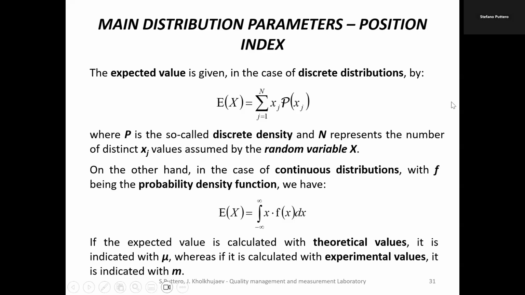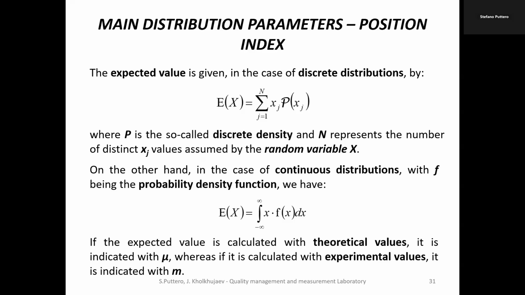So based on what we said, we can calculate the value of E of X. Again, and this is quite obvious, E of X has a different formula depending on whether we are dealing with discrete variables, where the random variables can only take certain values, or continuous variables. In slide 31, we can see the two formulae.